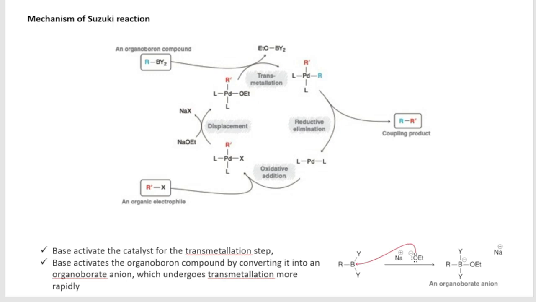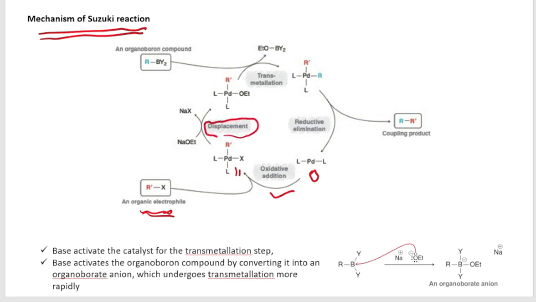And the mechanism of Suzuki reaction. Suzuki reaction mechanism is the same as Stille reaction. The first step is that palladium 0 state will undergo oxidative addition, reacting with the organic electrophile, and it will convert into palladium 2 state. Then displacement happens.